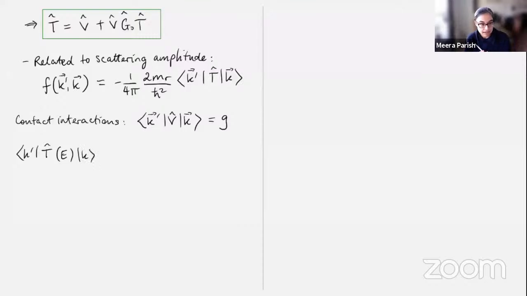Okay, and now on this side in principle I have this K prime V K, and then I have this other term, which I also need to sandwich here. Now remember, that's just g, the first term.